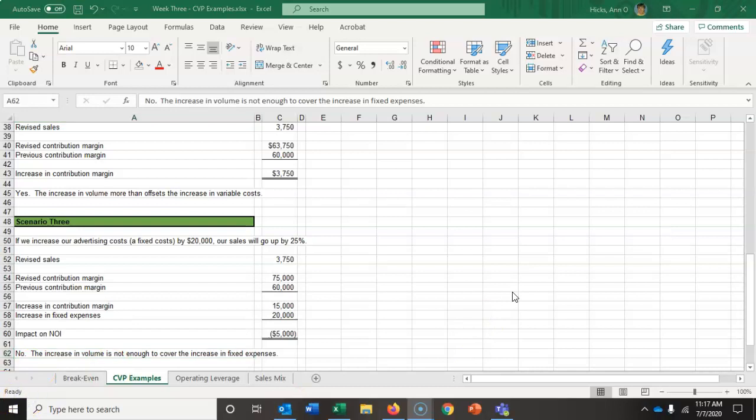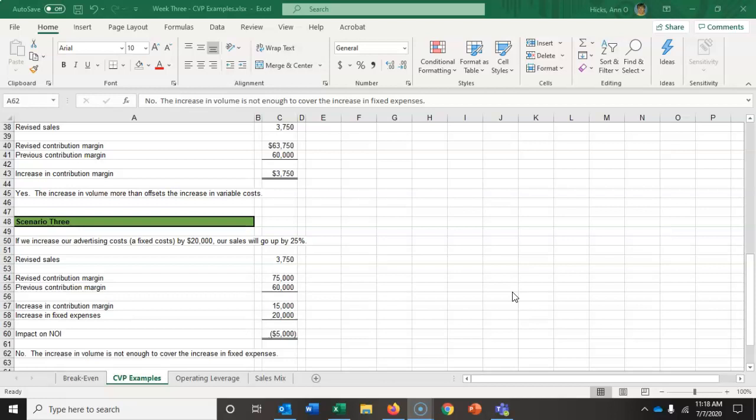Now, note, I did a change in sales price, a change in variable cost per unit, a change in fixed cost. We could combine those. We could have had an increase in sales price, a decrease in variable costs. We could have had an increase in sales price, an increase in fixed costs, any combination thereof, and we can go through this same analysis.